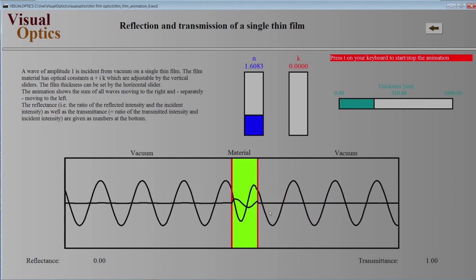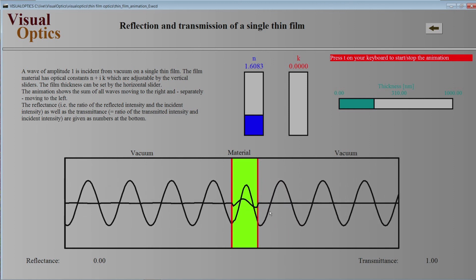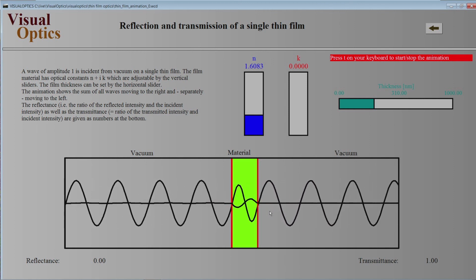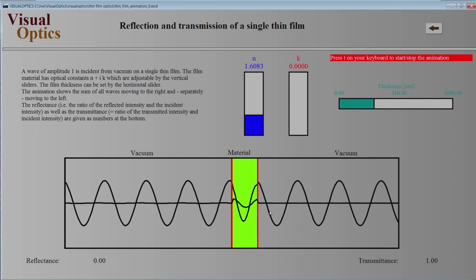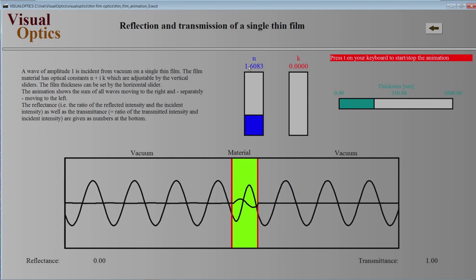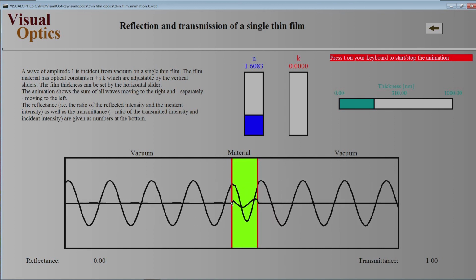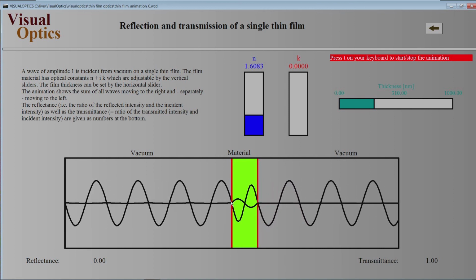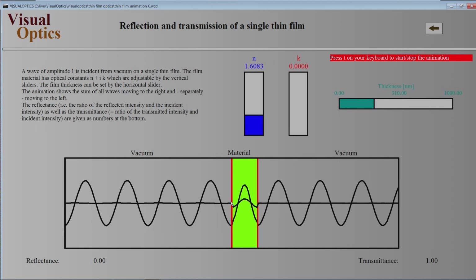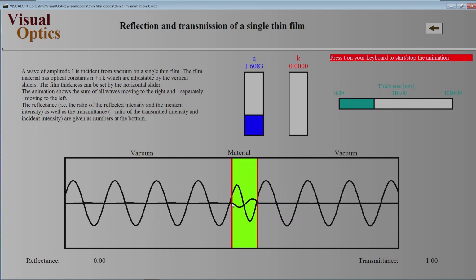And this is very surprising, because we know from our consideration of a single interface that with this refractive index, you have an intensity reflection of about 4 to 5%, actually I think 5%, on the first interface.